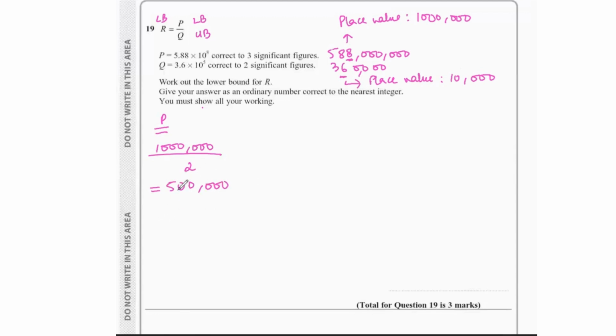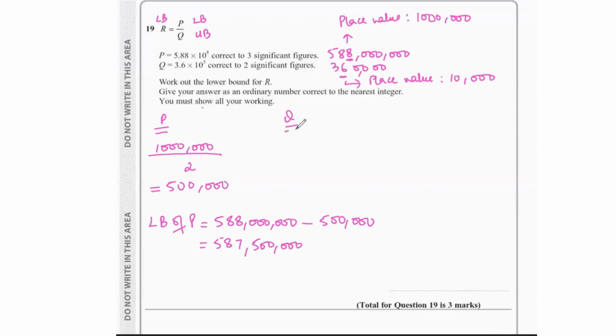We will subtract this from P to get the lower bound. So the lower bound of P would be 588,000,000 minus 500,000, which is equal to 587,500,000.